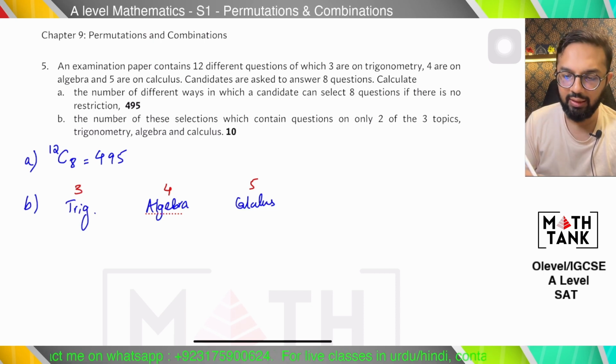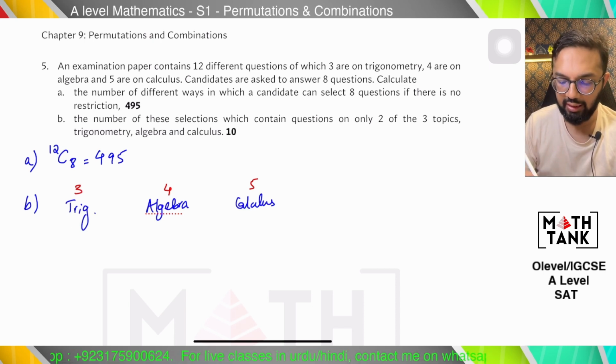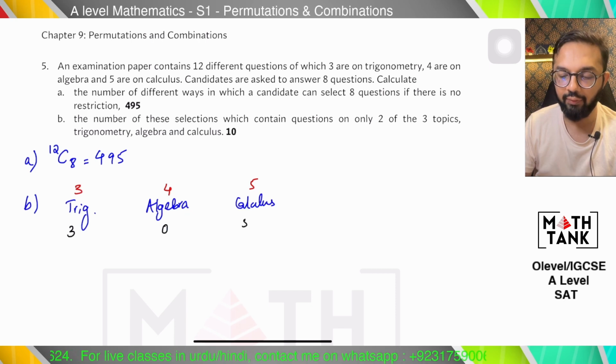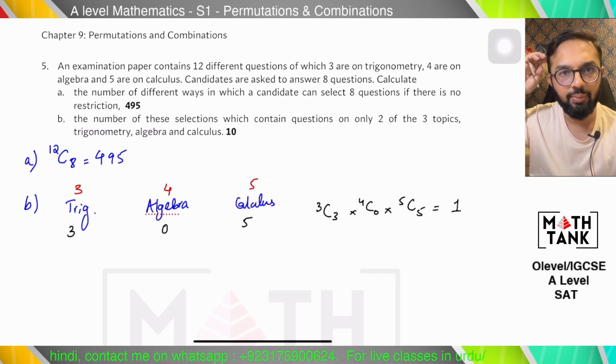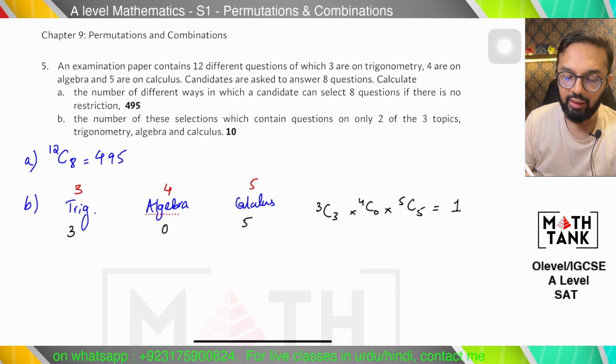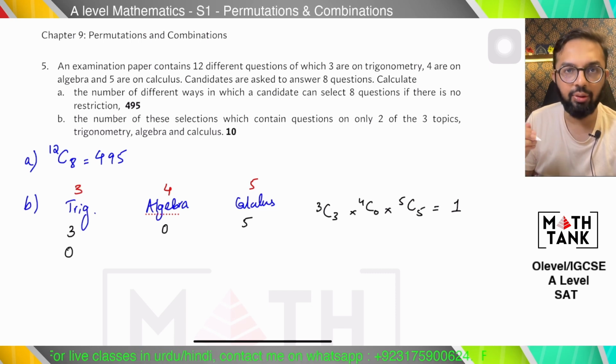Okay, so let's say, can I do 3, 0, and 5? Yes, that sort of fits. So I'm going to write 3C3 into 4C0 in the middle, into 5C5, but 4C0 should be 1. Anything C0 is 1. Remember that it's not 0, it's 1. So that gives me 1. Then let's keep trigonometry as 0.